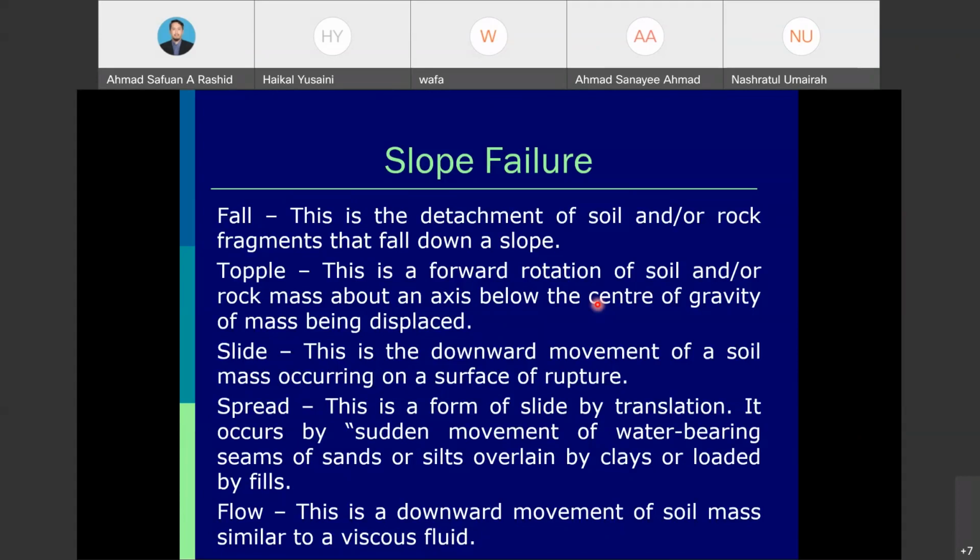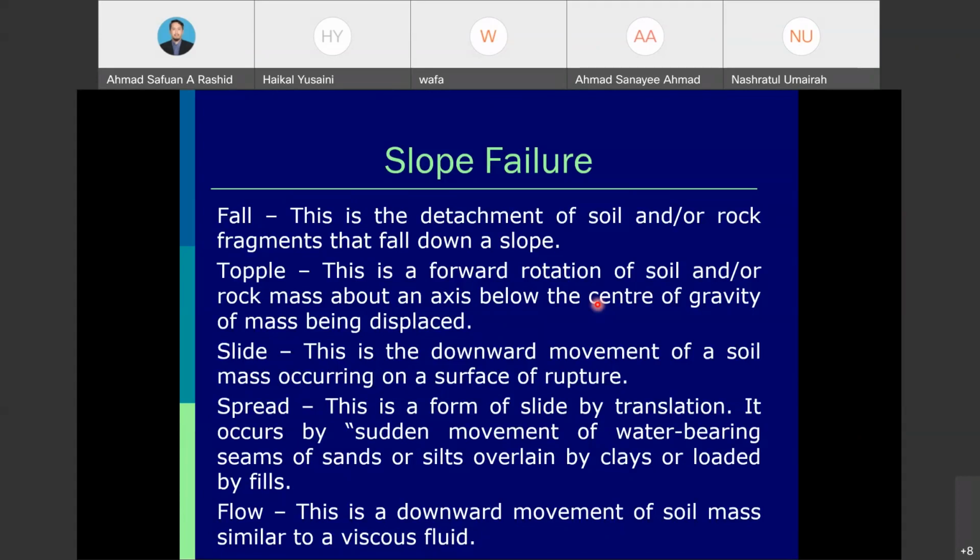So normally we use a circular failure analysis to determine the stability of this slide due to the slide failure.